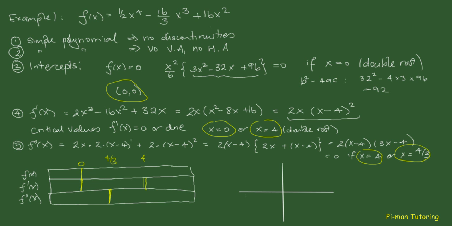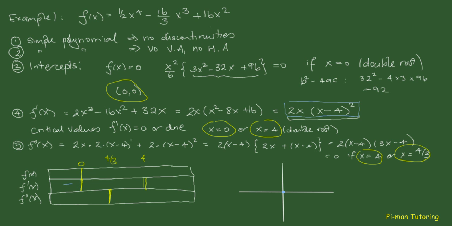So let's now use the table to help us plot this particular function. We know that we have a point 0, 0 on the graph. What do we know about f dashed of x? Well, if we go over here to the left of 0, if we put a negative number into f dashed of x, a negative number will produce a negative slope.